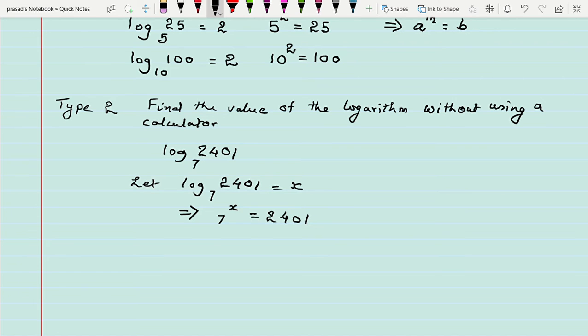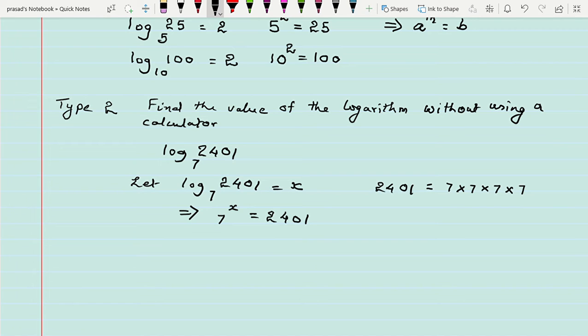Keep one thing in mind, because the base in the index form is 7. That means 2401 should be surely some power of 7. So 7 sevens are 49, 7 cube is 343, and 7 to power 4 is 2401.